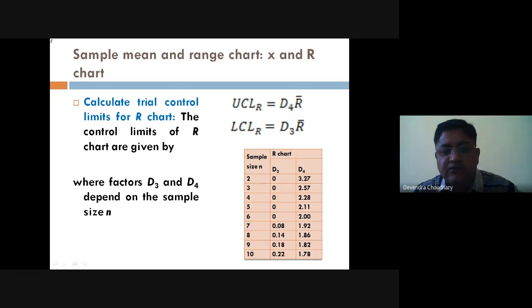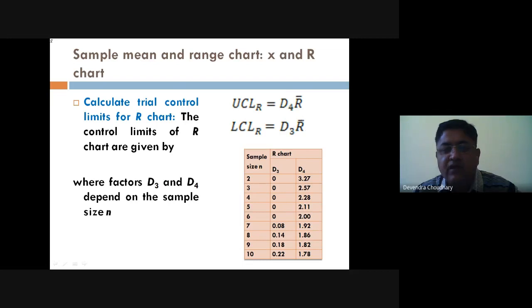Let's say we have sample size 5, then D3 would be 0 and D4 value would be 2.11. If you take sample size 4, D3 would be 0 and D4 would be 2.28. So depending upon the sample size, we put the values of D3 and D4 from this table.